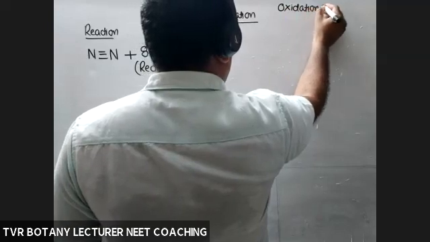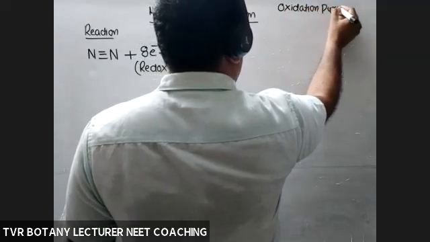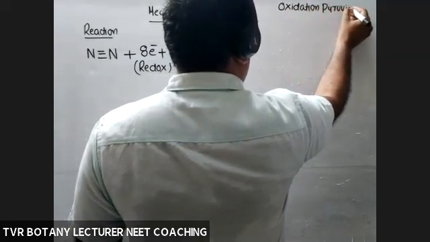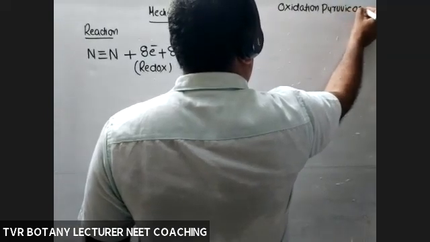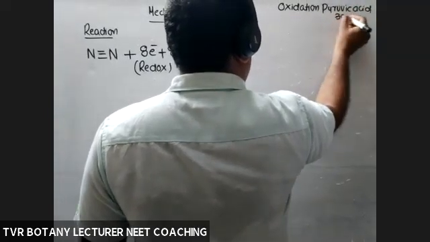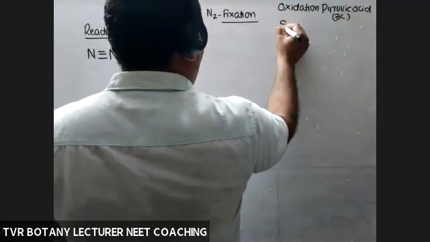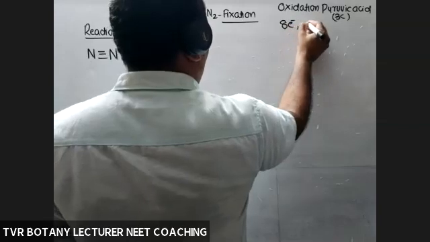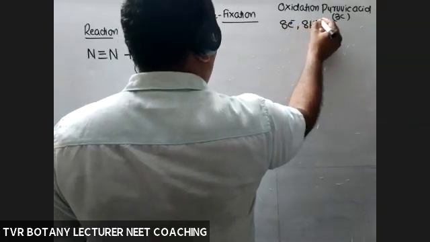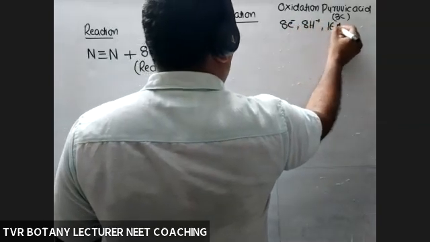Oxidation of pyruvic acid, one type of organic acid. Pyruvic acid is a 3-carbon compound. It supplies 8 electrons, 8H plus, and 16 ATP as energy.